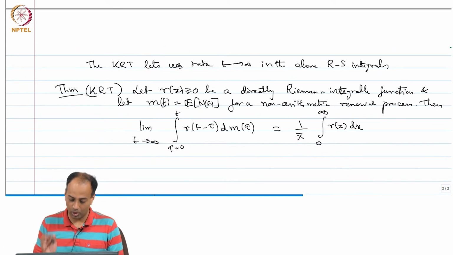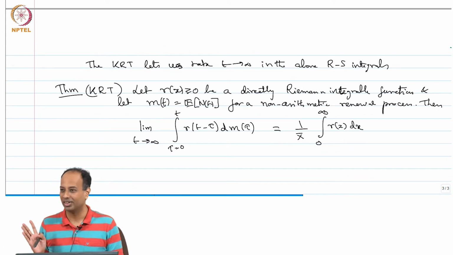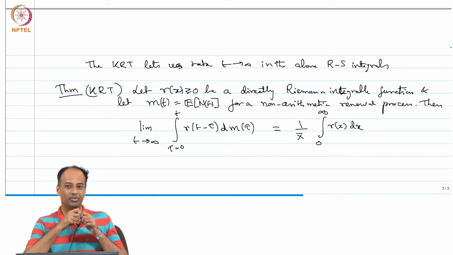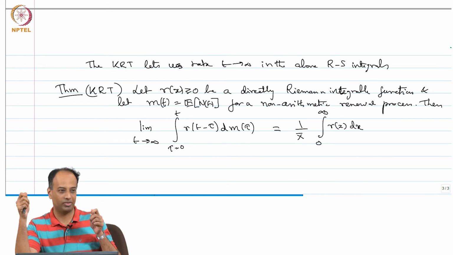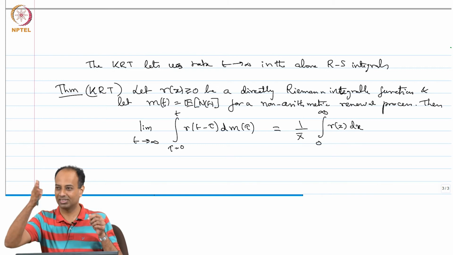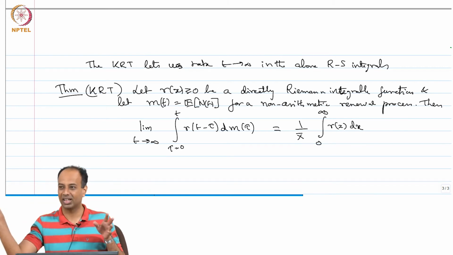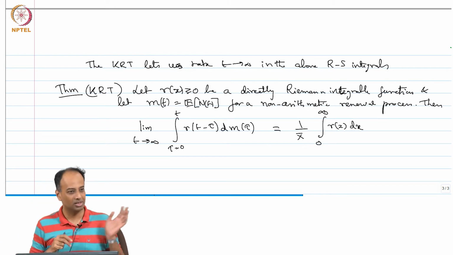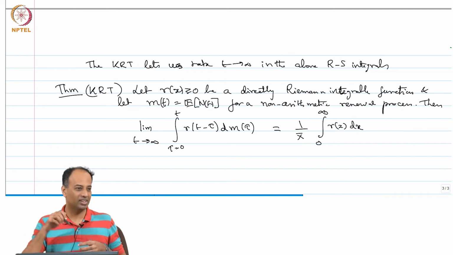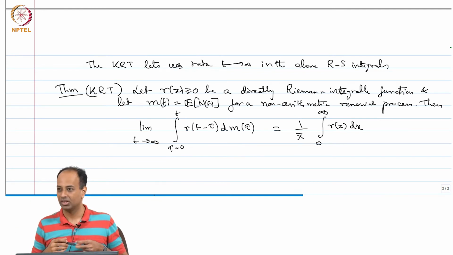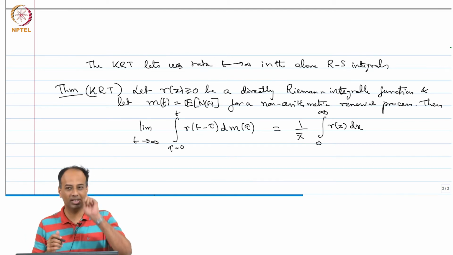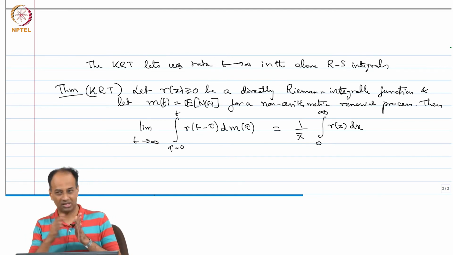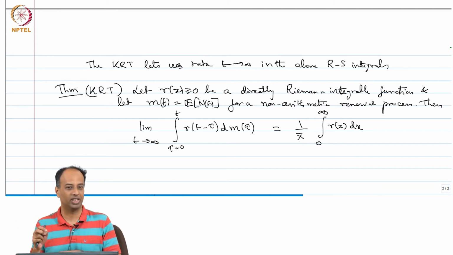So, what is directly Riemann integrable? You know what Riemann integrable is. If I want to integrate a function little r of x from 0 to b, I divide the x axis into small delta intervals, take the upper Riemann sum, take the lower Riemann sum, send delta to 0, and I get integral 0 to b r of x dx. So, if I want integral 0 to infinity r of x dx, I first calculate integral 0 to b using this division and then send b to infinity.